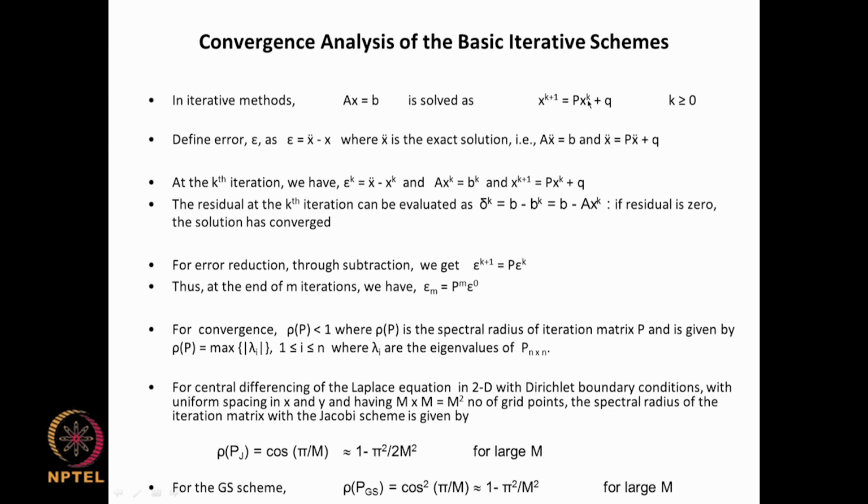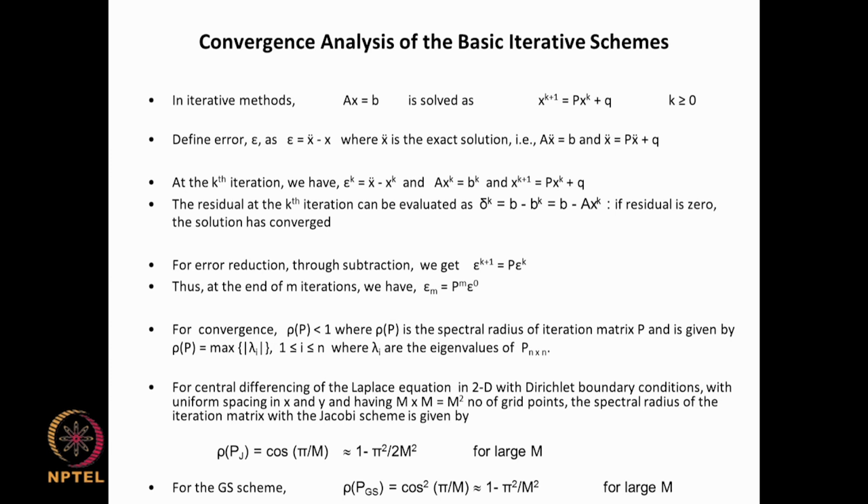So by subtracting, you can say that error at k plus 1 is p times error at k. So in the simplest sense, if epsilons were not vectors and p is not a matrix, then you could say p is a multiplication factor. So the error at k is being multiplied by a factor given by p, and that is the error at k plus 1.